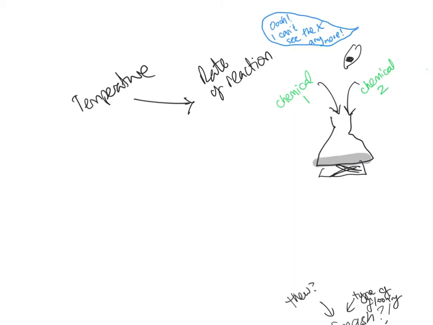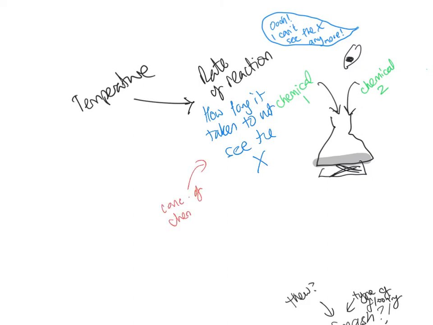So we're trying to see how temperature affects how quickly you can no longer see the X. Things that might affect how quickly you can or cannot see the X might include the concentration of the chemicals that you've got. If you've got a solid reactant, it might be that the different surface area of the reactant has an effect. The volume or the mass of the reactants would have an effect.